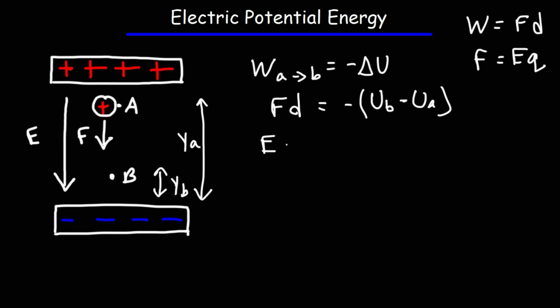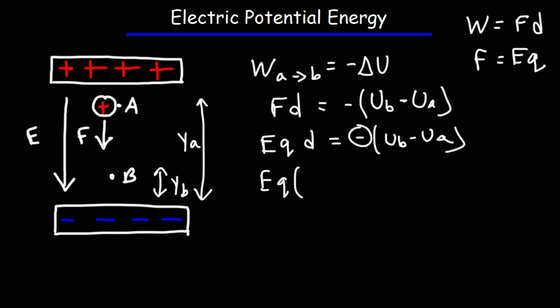So we can replace F with E times Q. Now D represents the displacement. So as we move from A to B, the displacement is going to be the change in position. So it's YB minus YA.